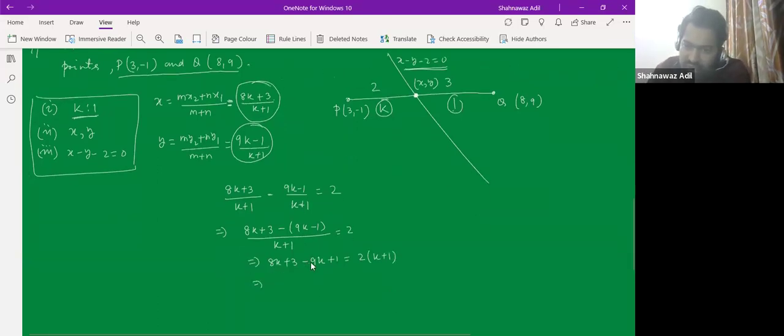This is 8k minus 9k minus 1 plus 4, and this term comes here and this goes to the other side. So what do we get? 3k minus 2. So k is 2 by 3. So m is 2, n is 3.